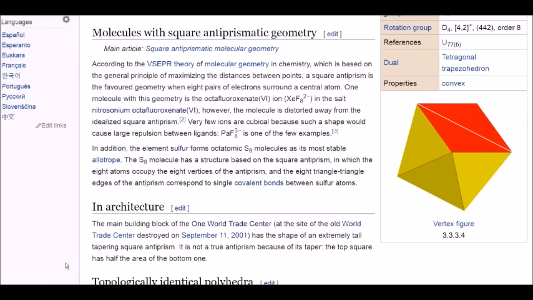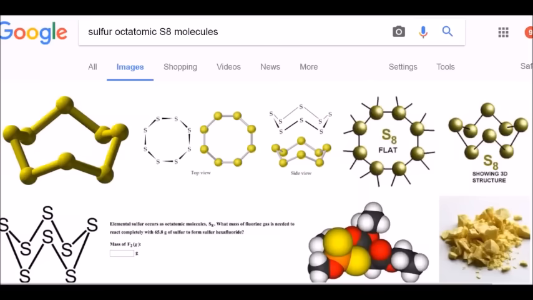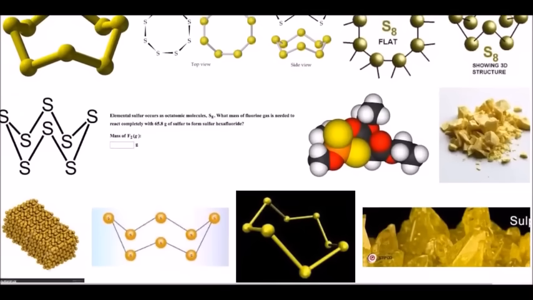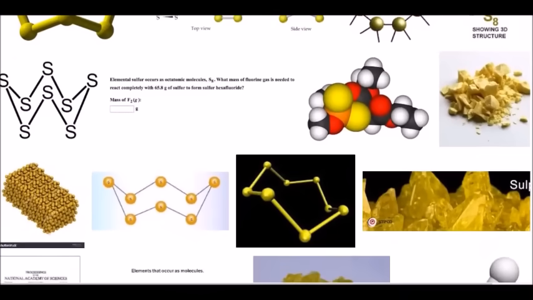88 xenon purple lights, which is why the S8 molecule, which we just talked about, is structured with 8 atoms that occupy 8 vertices of the prism. That's 88. This is the S8 configuration of the sulfur molecule.